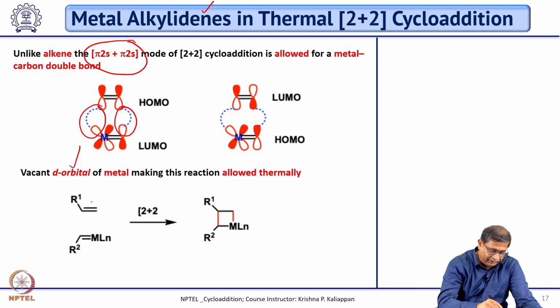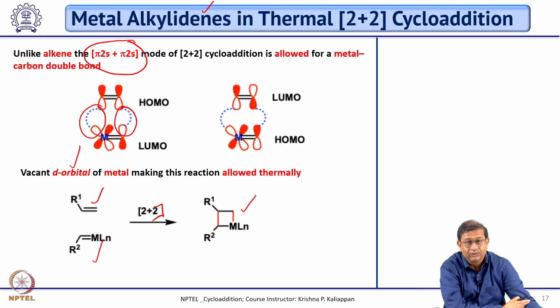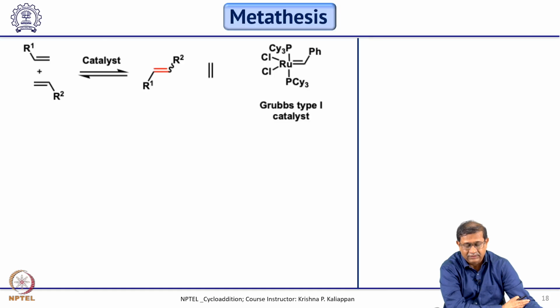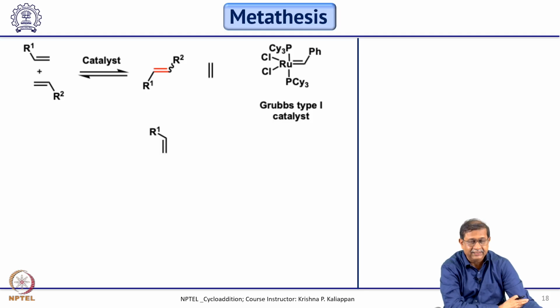If you take an alkene and treat it with this type of metal carbene, it undergoes a 2+2 to form this metallocyclobutane, and this metallocyclobutane undergoes a series of retro 2+2 and then 2+2 reactions that lead to exchange of the alkene.